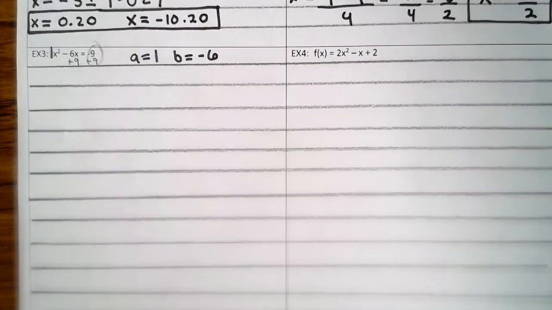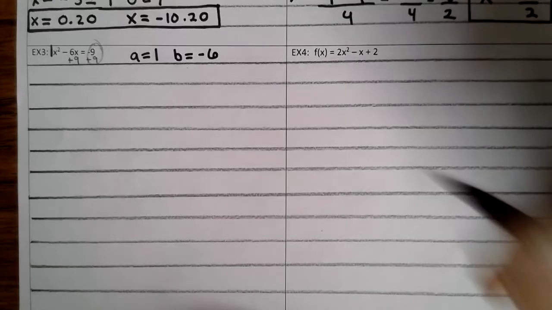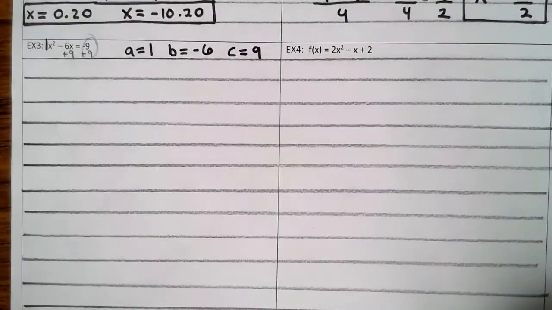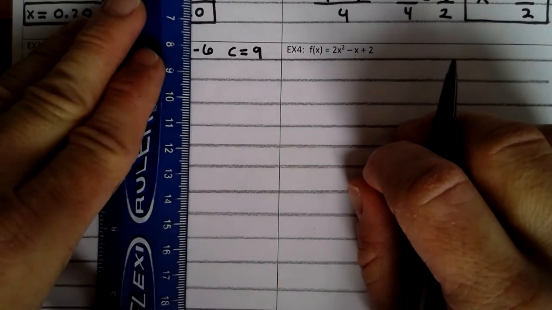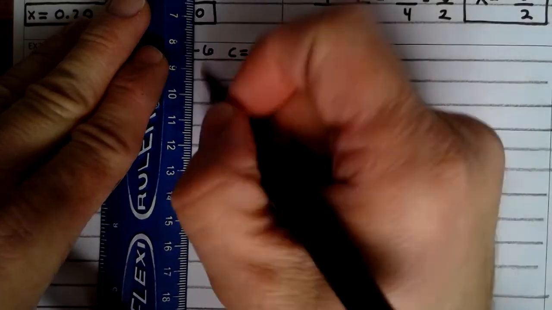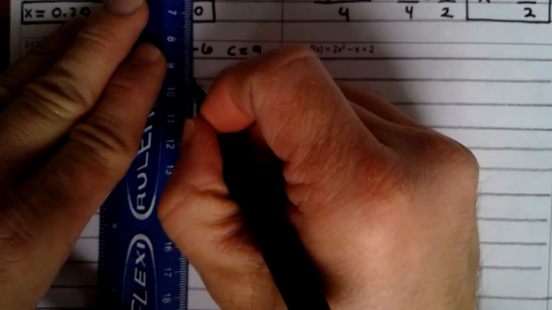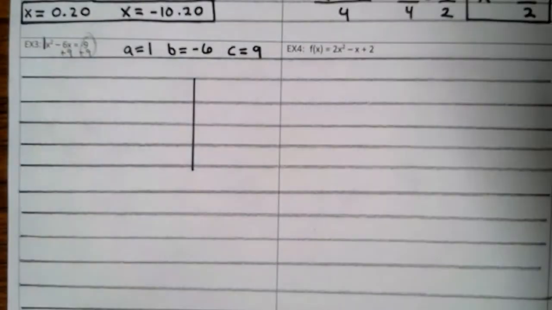Now, we want to look at the discriminant. So d equals, now when b is negative, you need to put it in parentheses in your calculator. So -6 squared minus 4 times 1 times 9.